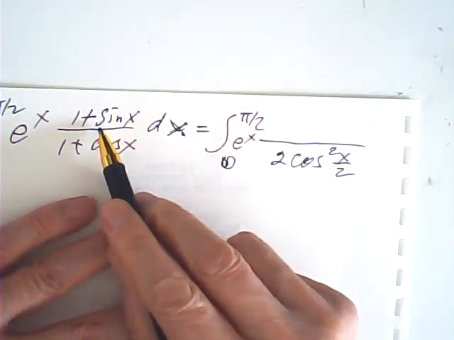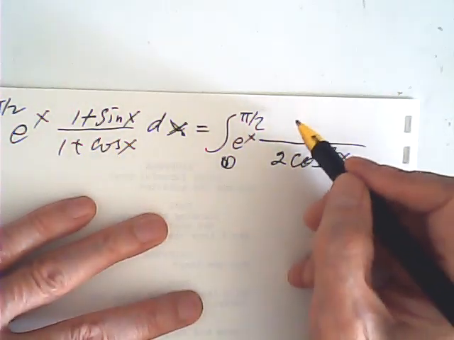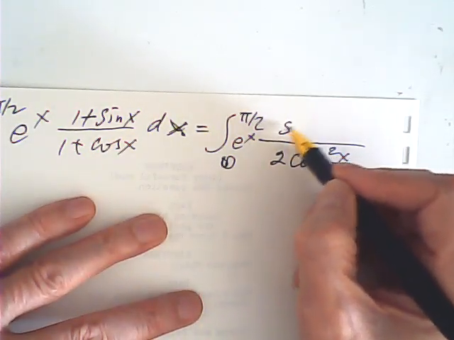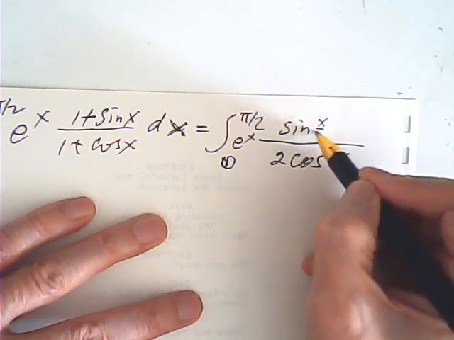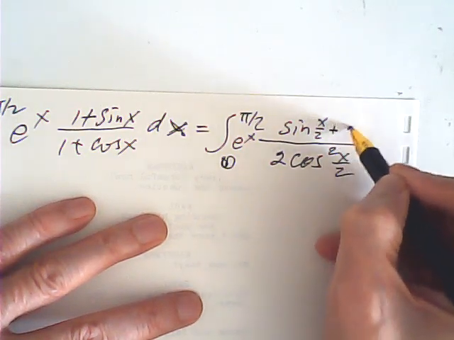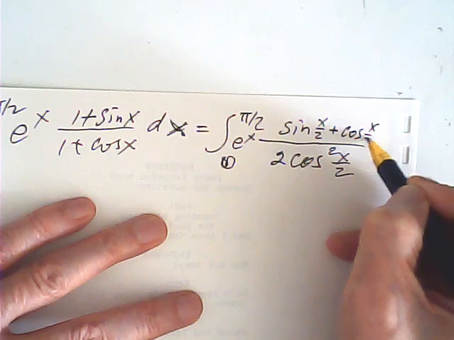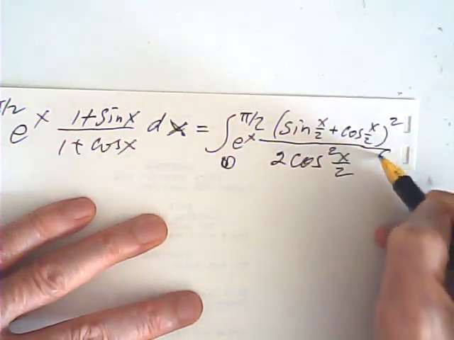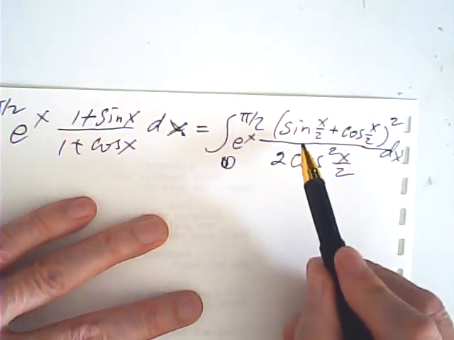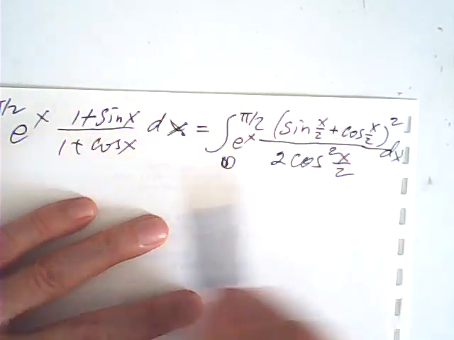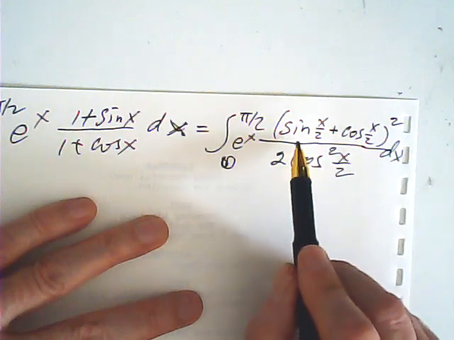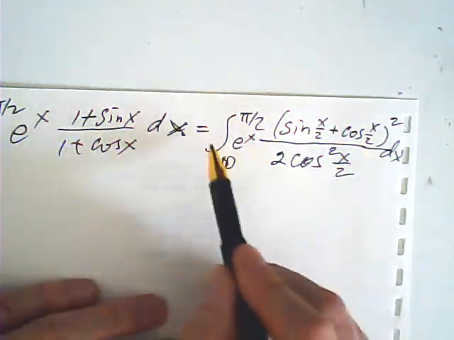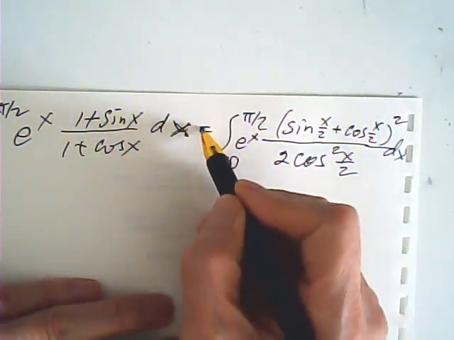The numerator is equal to sine half x plus cosine half x, squared dx. This square plus this square is 1, and the middle term 2 sine cosine is equal to sine x. So it's good. Perfect.